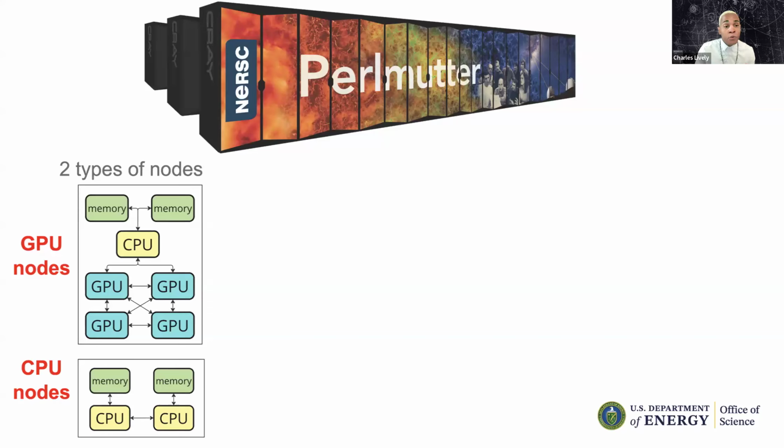On Perlmutter, we have two node types. We have the CPU nodes, and then we also have GPU nodes, and the GPU nodes have GPUs incorporated and only one CPU for that memory as well. But with the CPU nodes, you have more CPU cores that you can make use of.